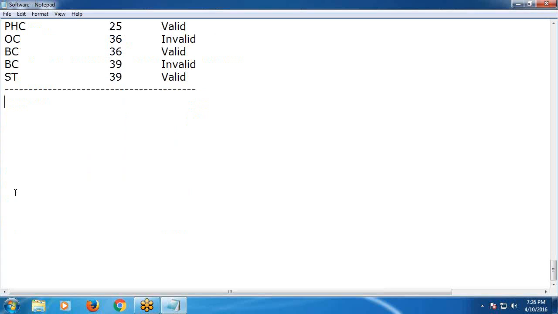Okay, I will show one more example. Suppose banking system interest rates for fixed deposits.